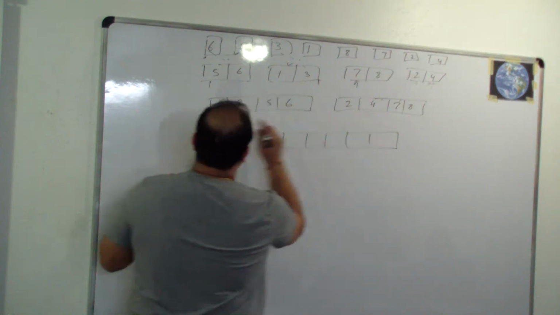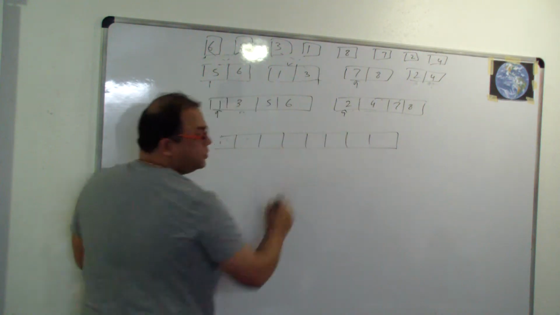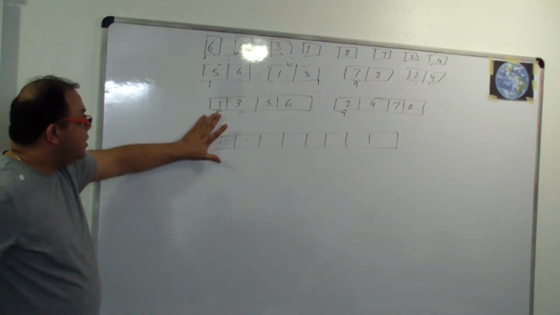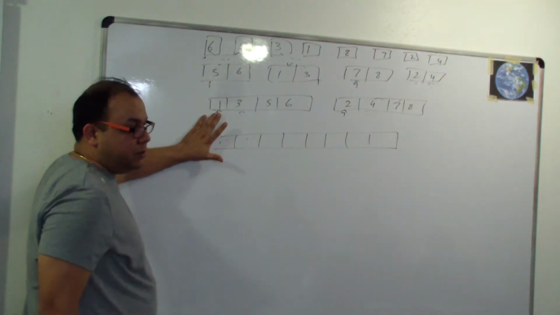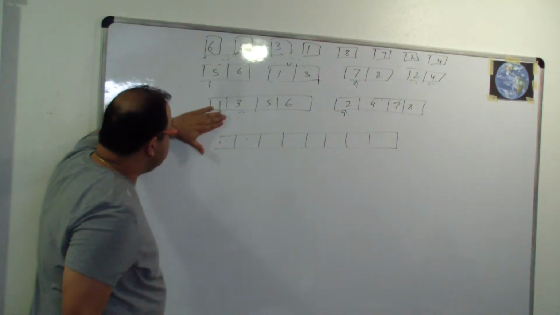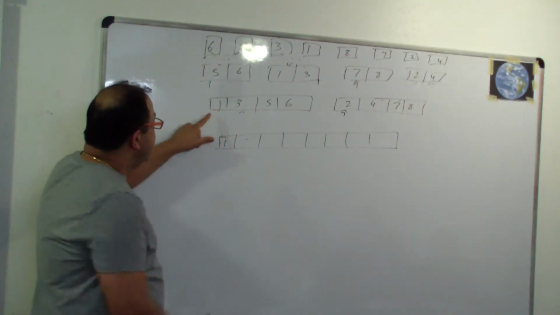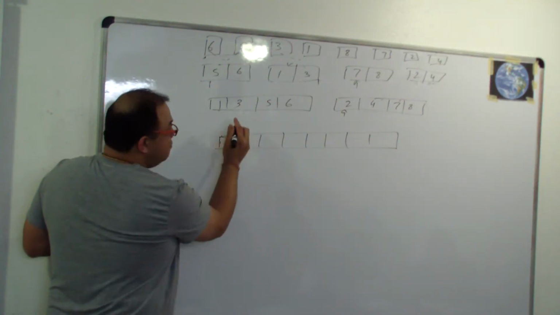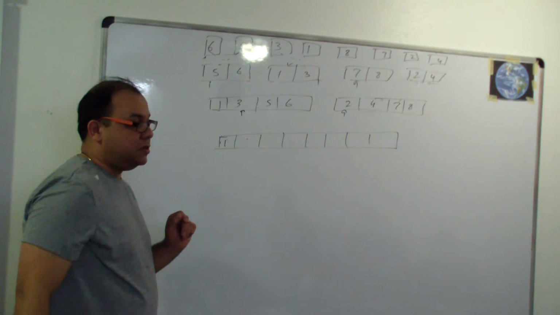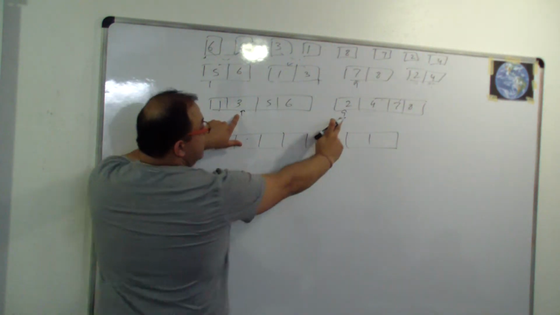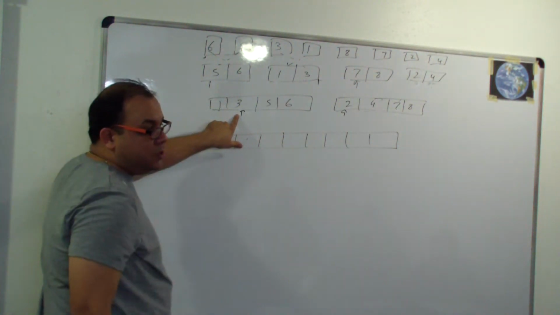So we started from this 1 and 2, right? Which one is smaller? 1, so 1 should come first. So we'll add 1 over here, and the pointer was here. We already added 1, so we'll increase the pointer to 3. Now 3 and 2, which one is smaller? 2.